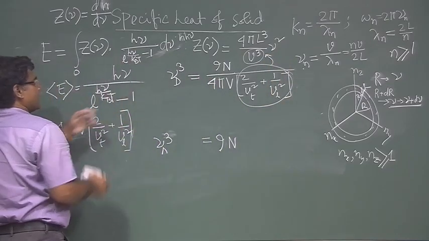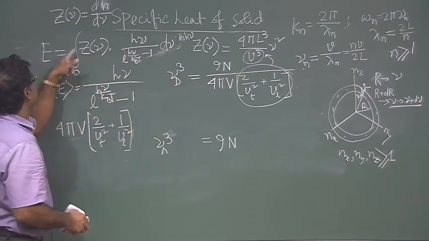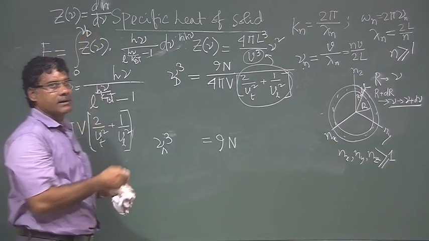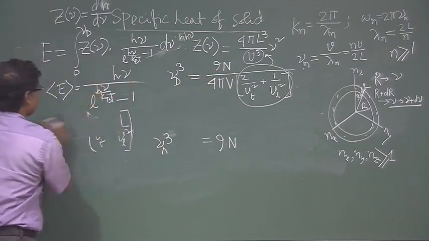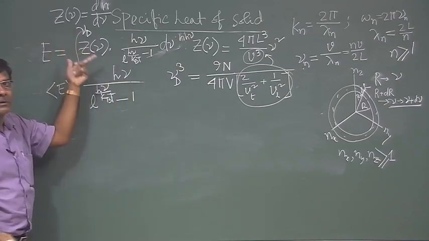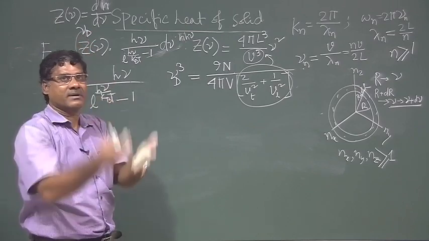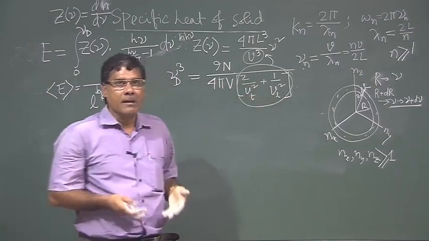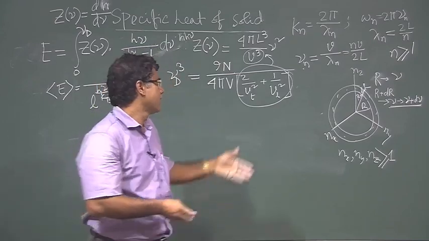So, one can find out the upper limit of the frequency, nu d, and nu d is known to us. Okay. So, nu d is such that we have considered the upper limit of the frequency such that the total number of modes should not cross, at least it has to be equal to 3 n.